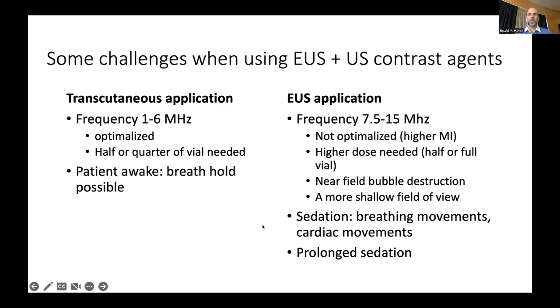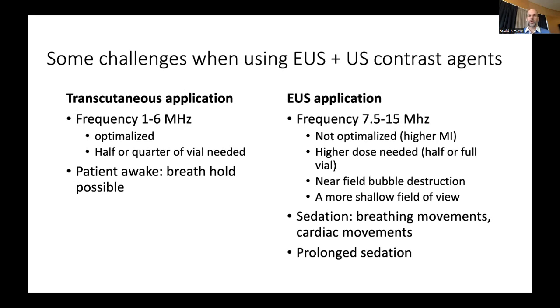On the EUS application, it's a bit different. We use higher fundamental frequency of 7.5 to maybe up to 15 megahertz, or in this range. And maybe these contrast agents are not so optimized for this frequency. And we must also apply a little higher mechanical index than from the outside.